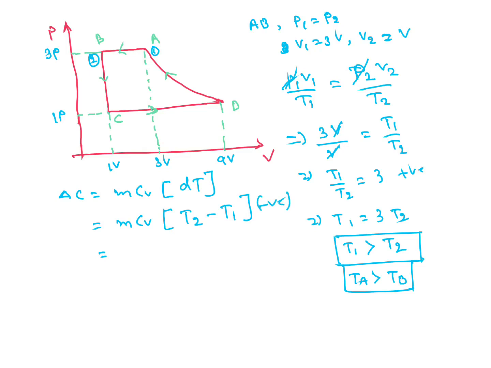So del U, or change in internal energy, is negative, or internal energy is decreasing. Then for work done, it's P into dV, which is V2 minus V1. It's decreasing. V2 is less than V1, so this term is also negative.